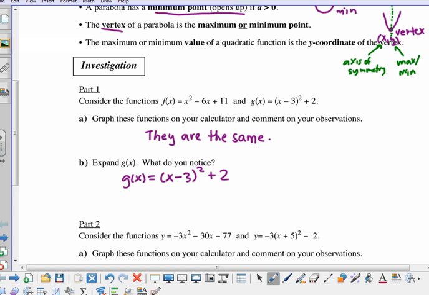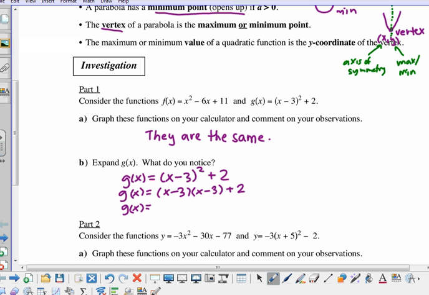So really it's like y equals x minus 3 squared plus 2. Which part can we expand? The squared. X minus 3 squared. How else would we write that? X minus 3 times x minus 3, multiplied by itself. That's what you meant. Great.